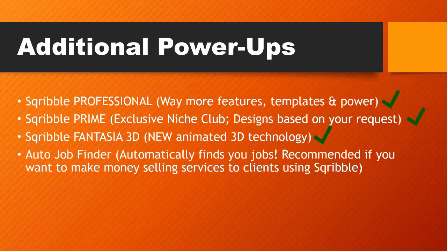There's Sqribble Fantasia, which is incredible, really is. They're using new animated 3D technology to turn your ebooks into interactive ebooks. In fact, there's dual power-ups inside of Sqribble Fantasia. It also allows you to create beautiful 3D covers, as well as amazing animated technology that's going to animate your ebooks and make them more interactive.